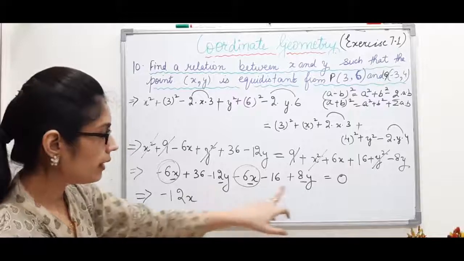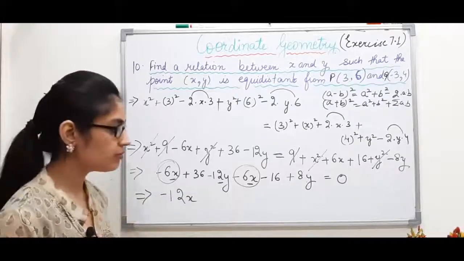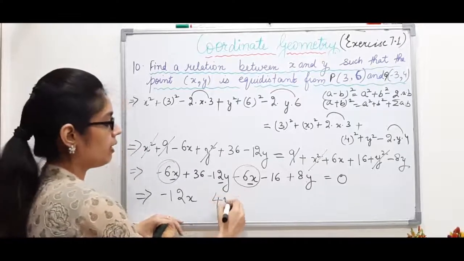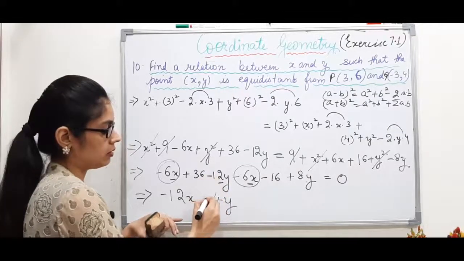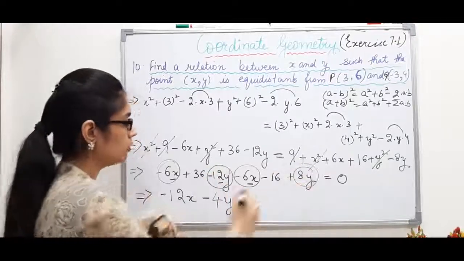So minus 12y and plus 8y, both are like, minus plus is minus with the sign which is with the bigger number. So 12 minus 8 is 4y, and the sign which is with the bigger number is this minus, because 12 is bigger number and with 12 I have minus sign. So these are also used.